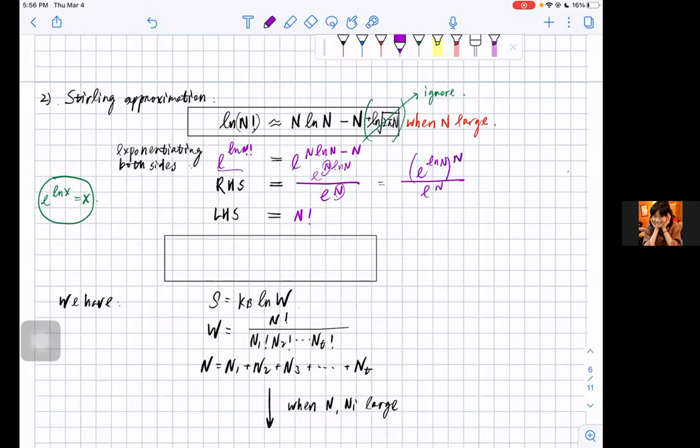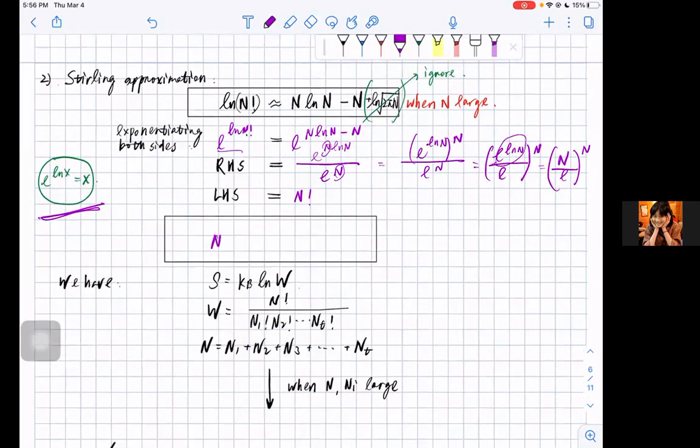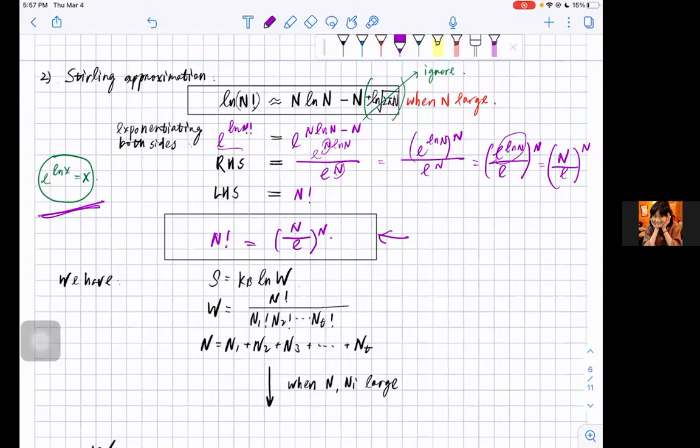So we can rearrange it a little bit. And this is really just n, right? Remember the property of logarithm. So that gives us this alternative form of Stirling's approximation, which is valid only when n is very large.